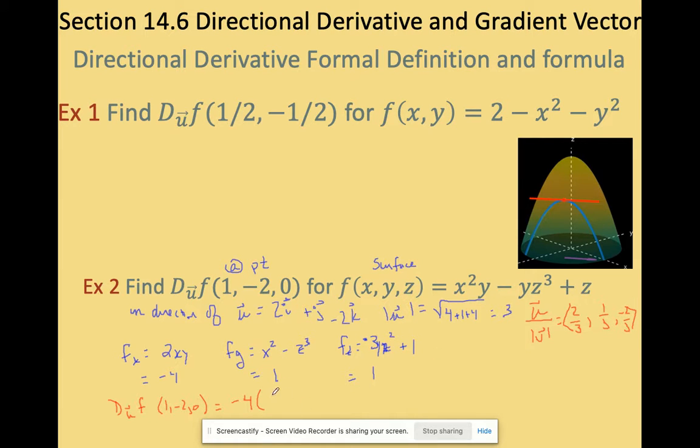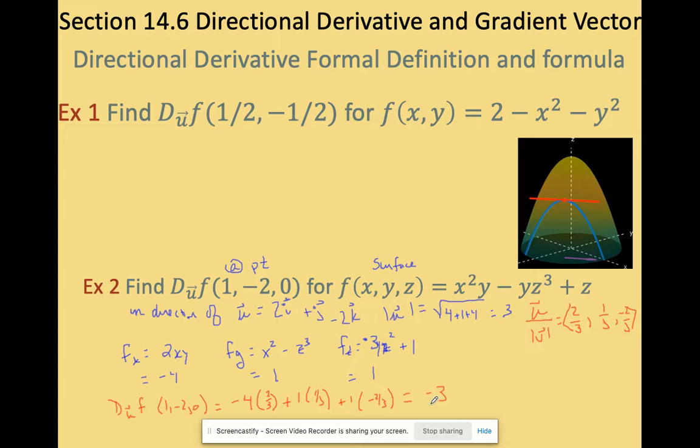So it's negative 4 times 2/3, and 1 times 1/3, and 1 times negative 2/3. That's what I have, negative 2 and 1. So this is negative 3, I think, if I've done my math right.